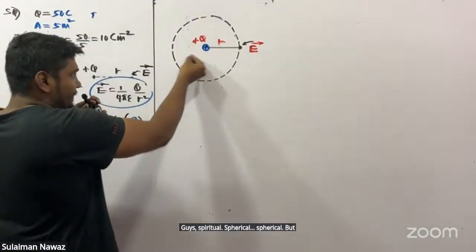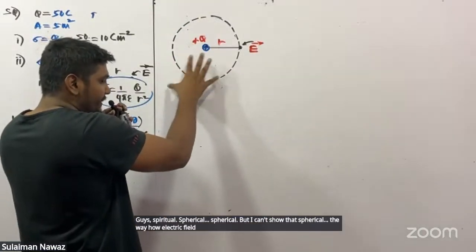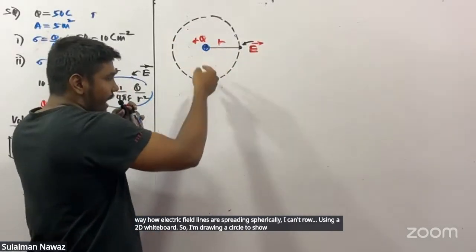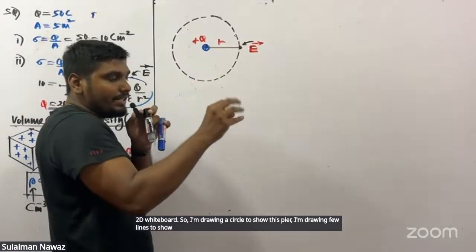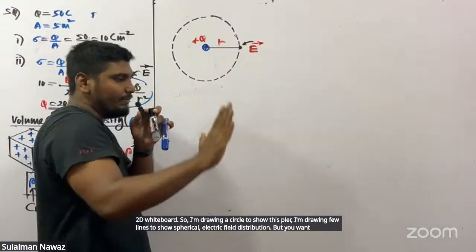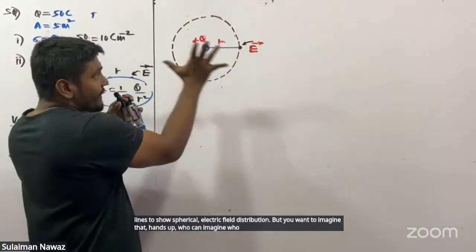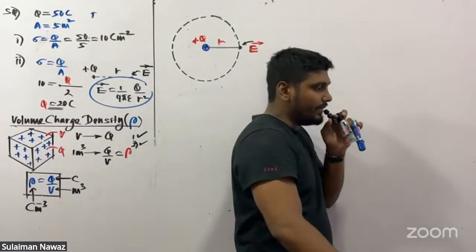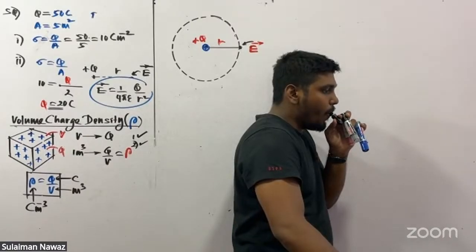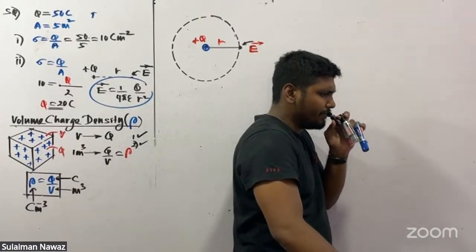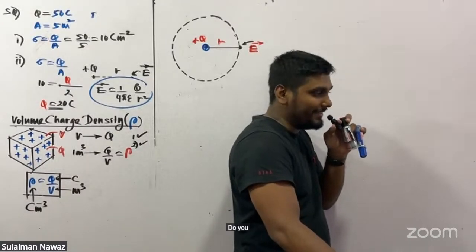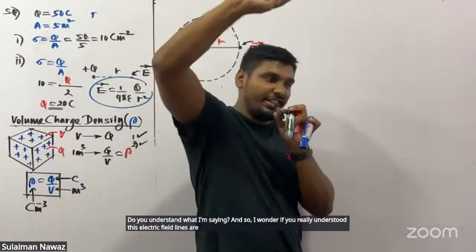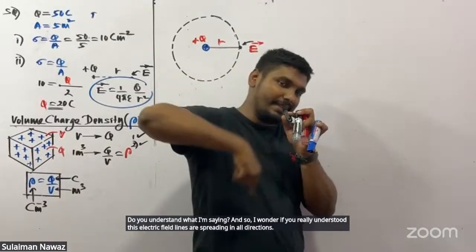But I can't show a spherical distribution of electric field lines on a 2D whiteboard, so I'm drawing a circle to show the sphere and a few lines to show the spherical electric field distribution. But you want to imagine that. Hands up, who can really imagine that spherical electric field line distribution? Do you understand what I'm saying? Hands up, how many of you really understood that the electric field lines are spreading in all directions in a spherical way?